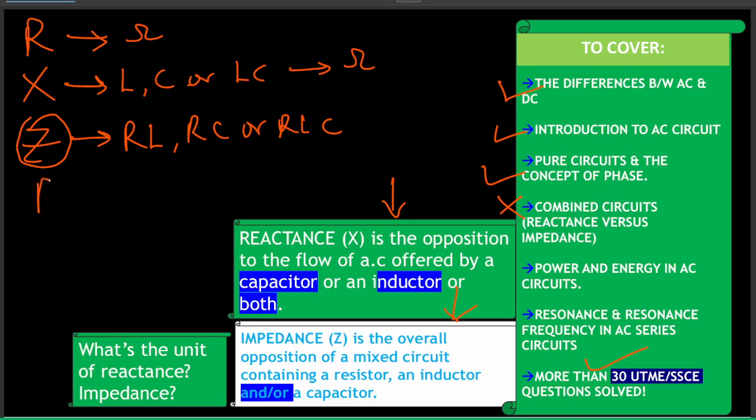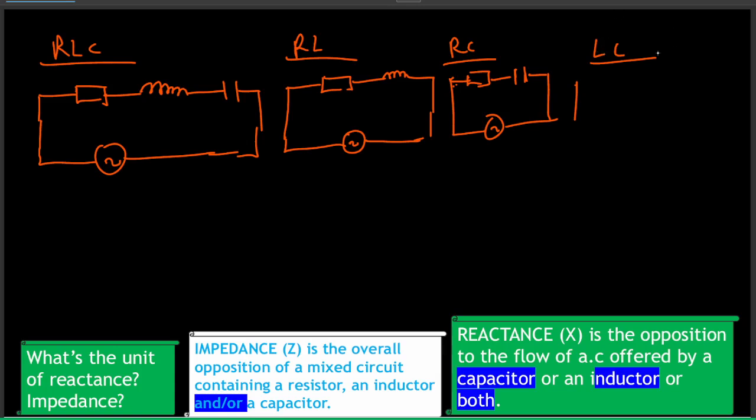So I'm going to start with RLC, okay, then RL, RC, and LC. These are the 4 combined circuits that we want to consider in this video. Okay, so these are the 4 circuits that you're likely to see. So this one is LC.